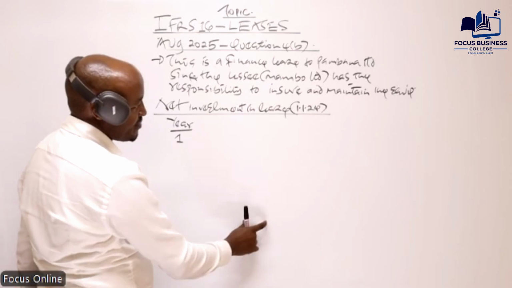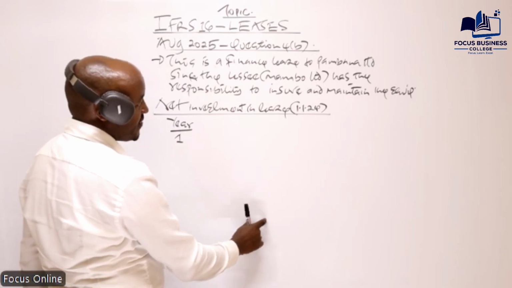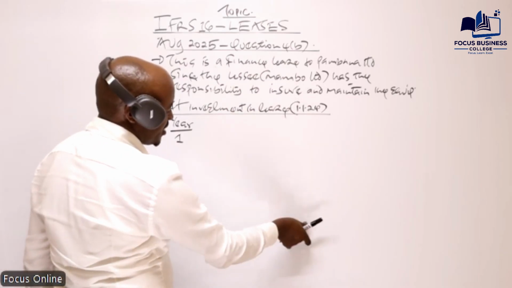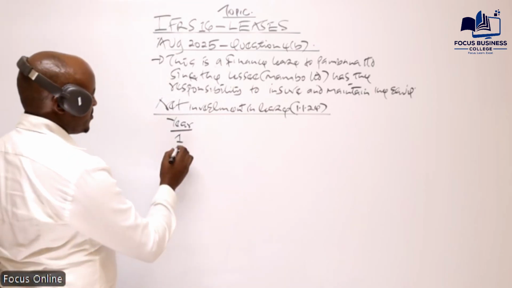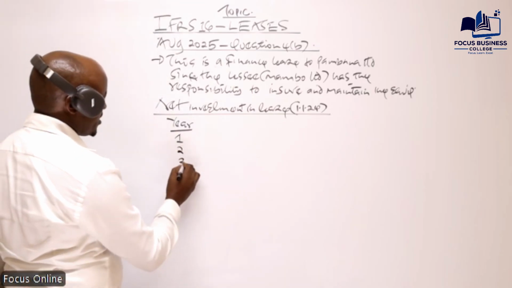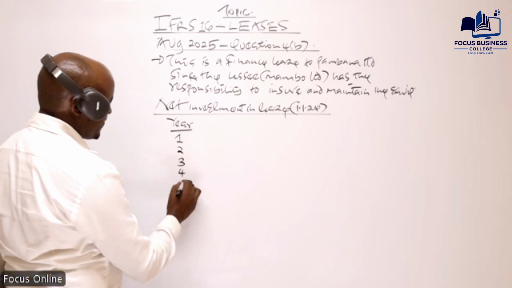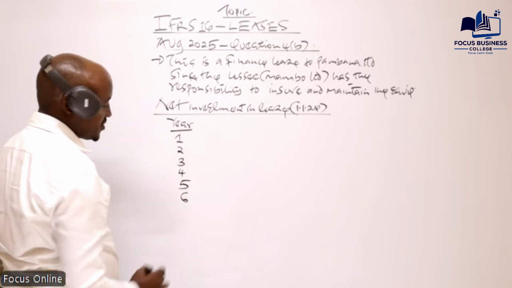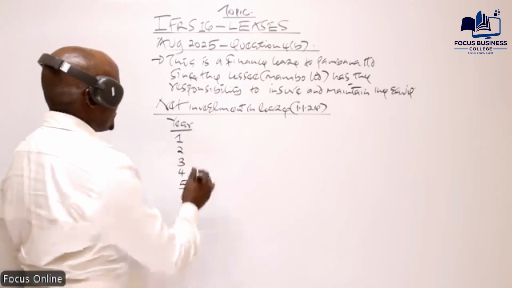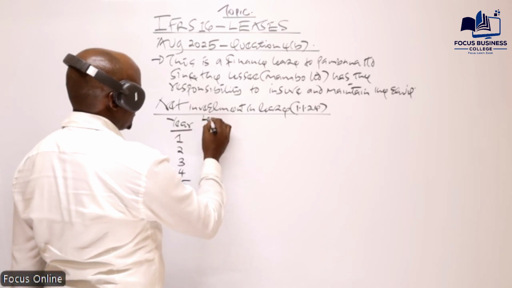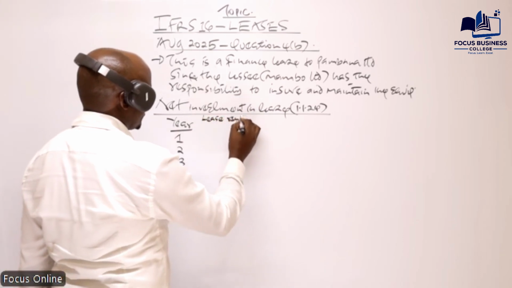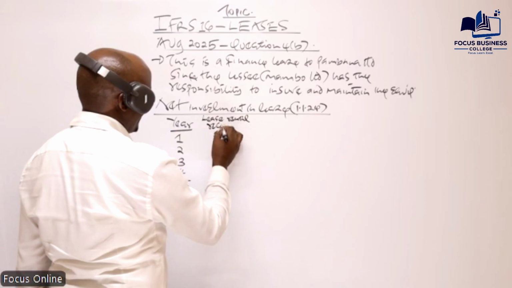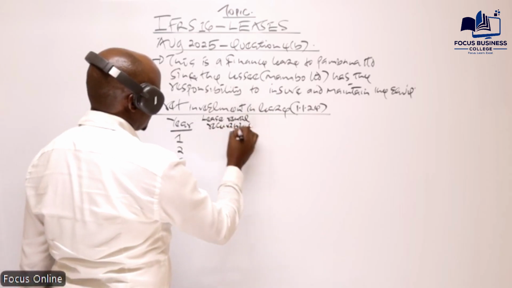Then we multiply them with the present value interest factors which are given. We get the present values, and then we get the total. So here we will have year 1, year 2, year 3, year 4, year 5, and then year 6. So let's have the amount to be received: the lease rentals receivable.